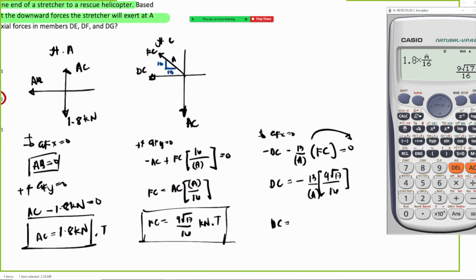DC is equal to, okay, so yung answer natin, negative 1.4625 kilonewton, and that is your tension. Okay?